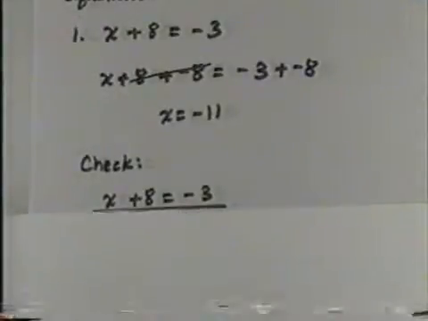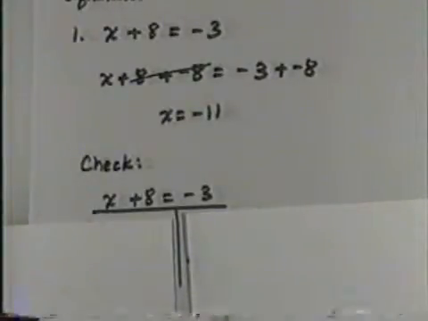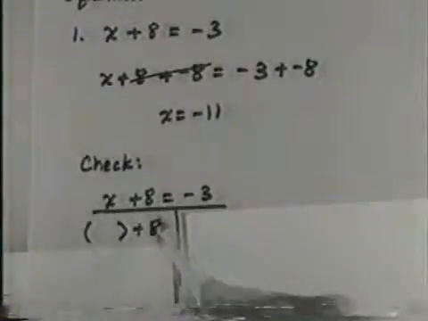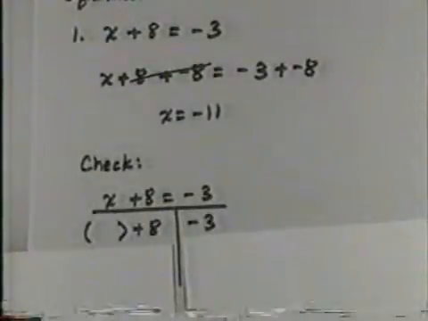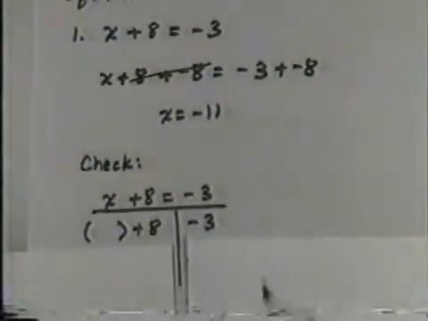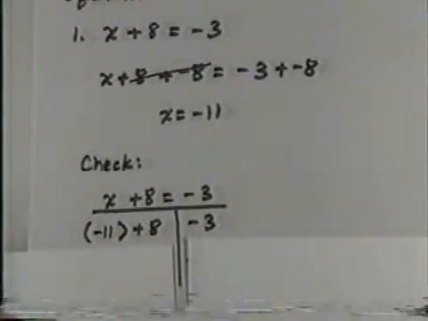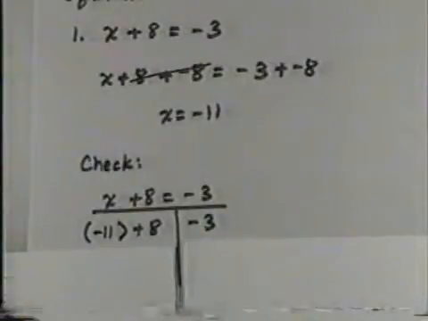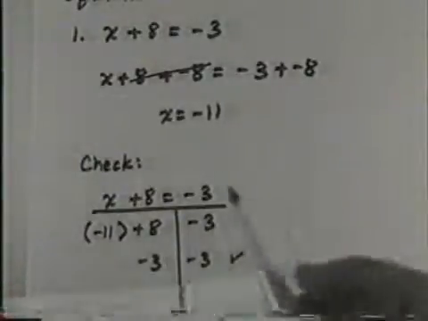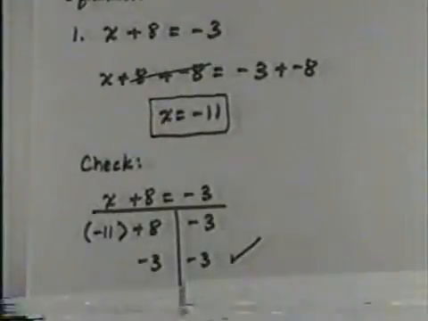We then draw a vertical line below the equals mark, and then write a set of parentheses for the x, copy the 8, copy the -3. In place of x, we'll copy -11. -11 plus 8 is -3. -3 equals -3. That checks just fine, which means that our answer is x equals -11.